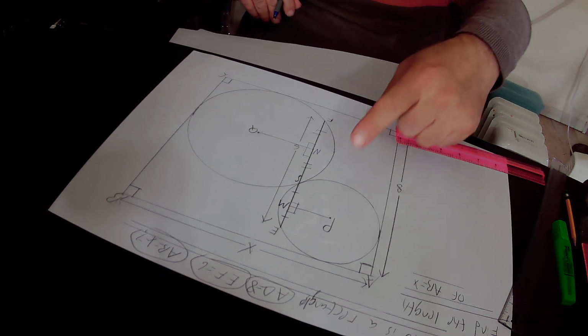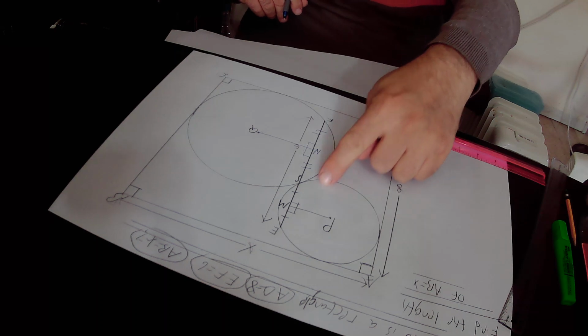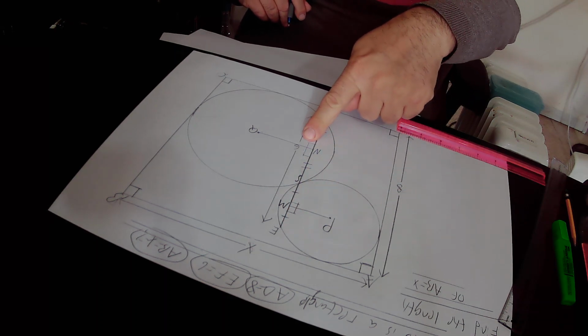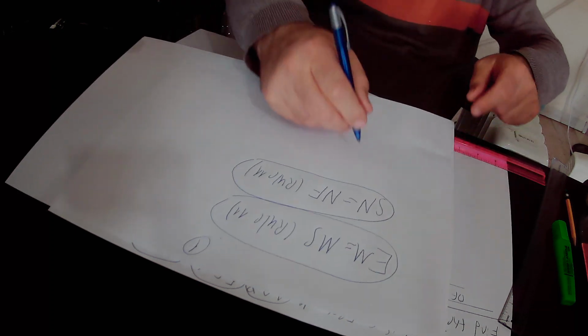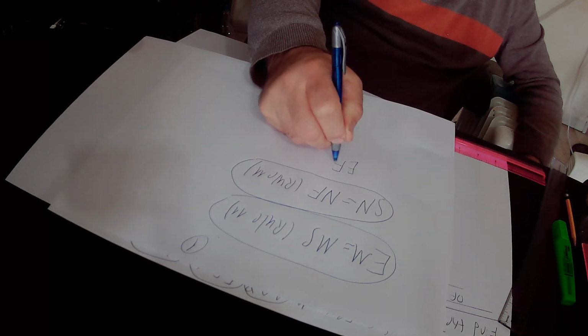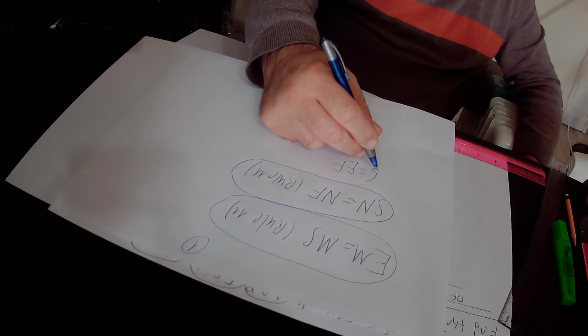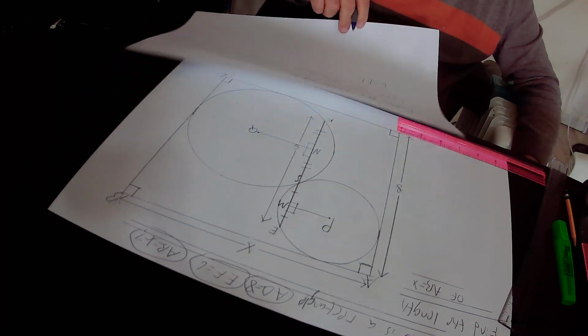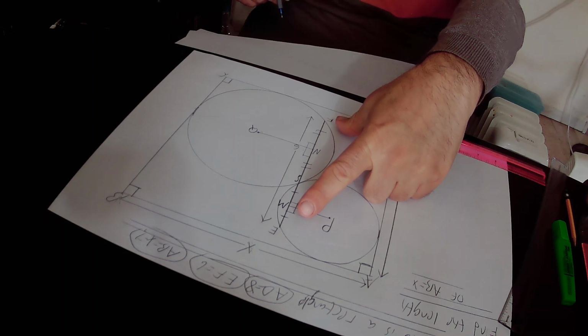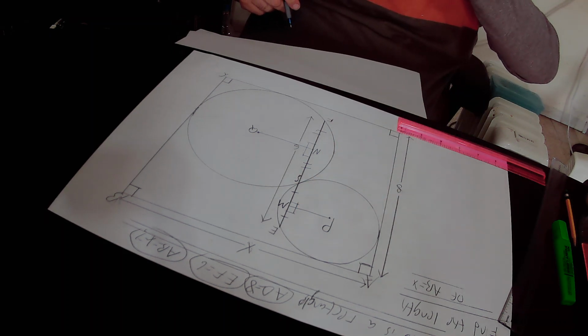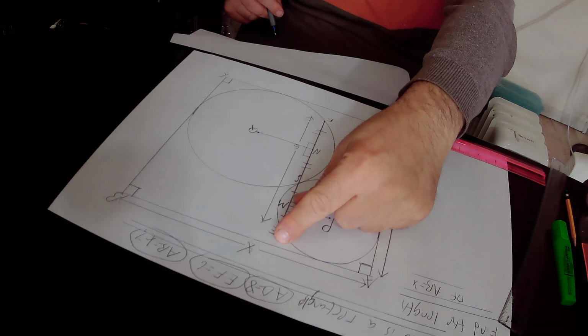The question has given us that the length of line segment EF is 6. EF equals 6. This is line segment EF.